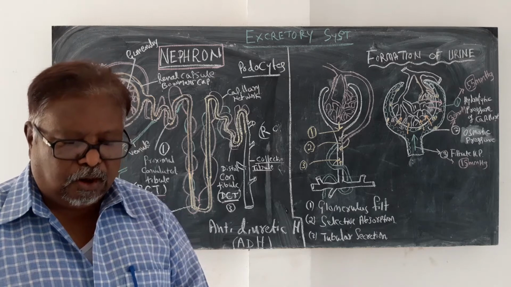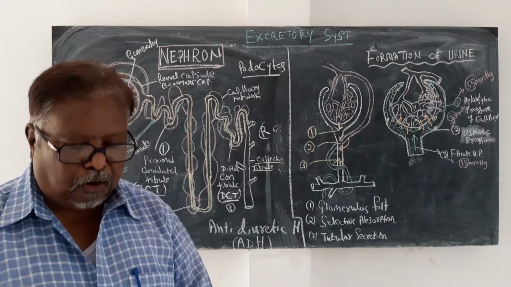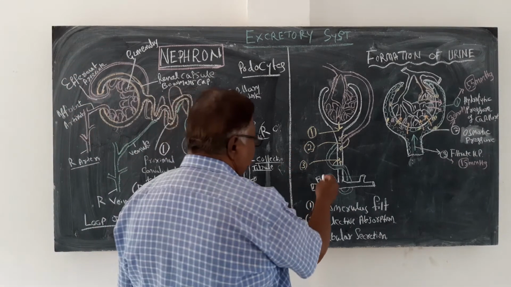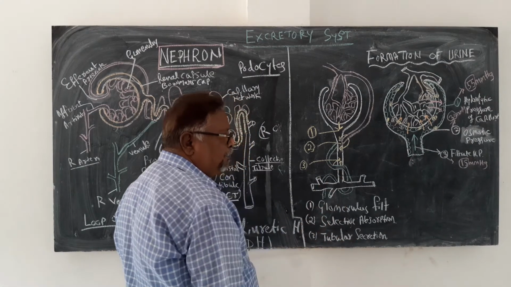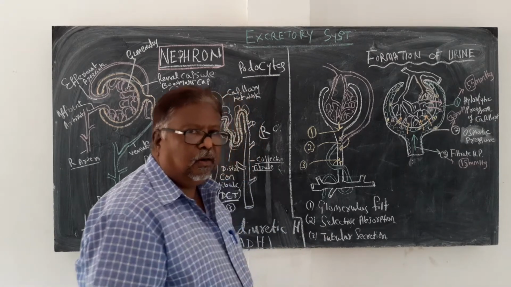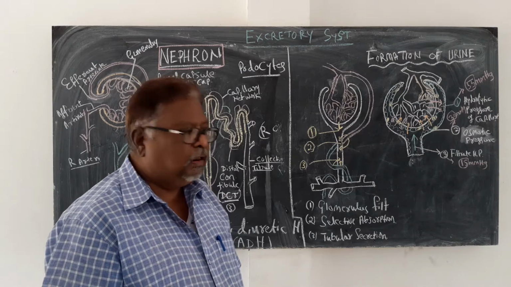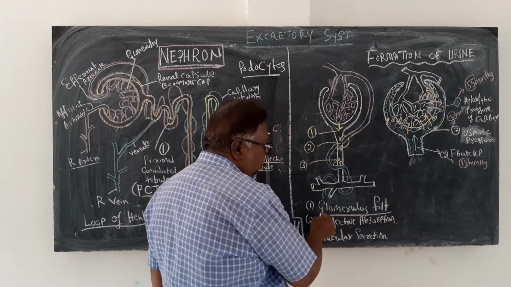The formation of urine involves three main processes. This is the first figure wherein the three main processes are explained. There are three main processes in the nephron by which the urine is produced. The first one is glomerular filtration.